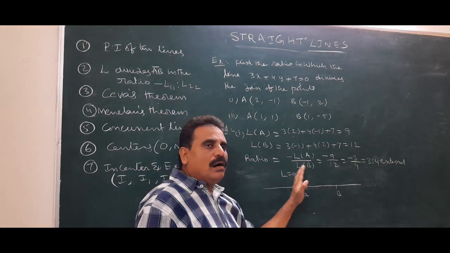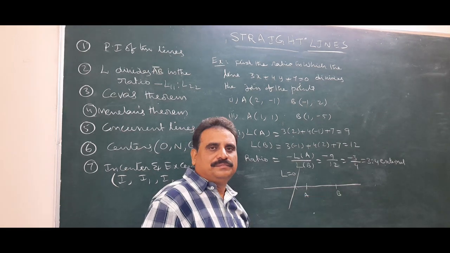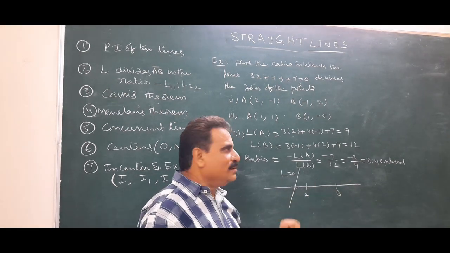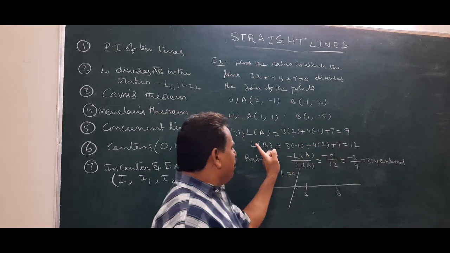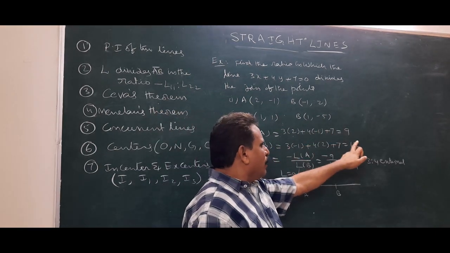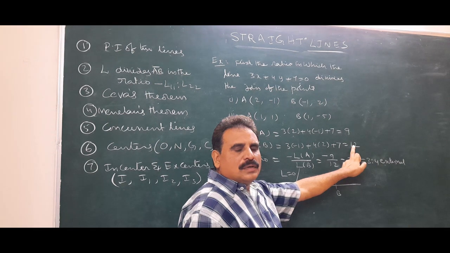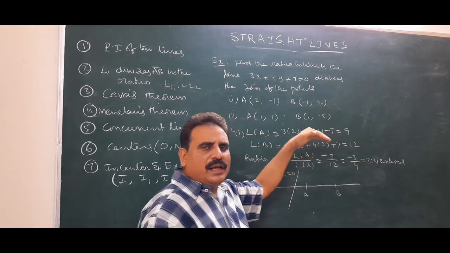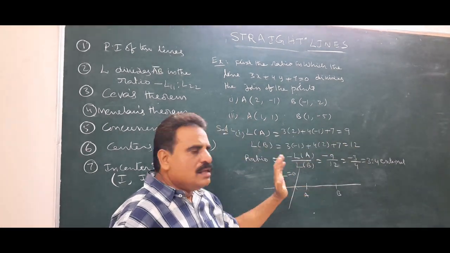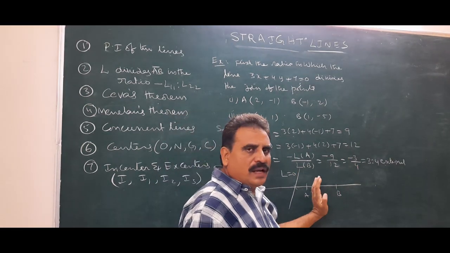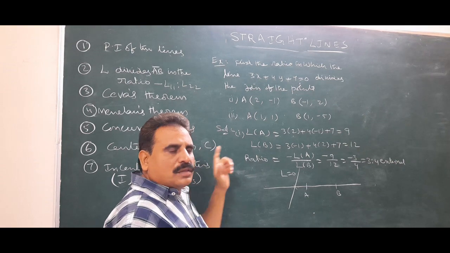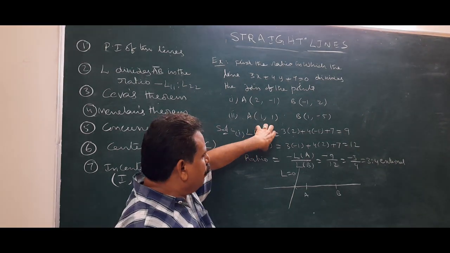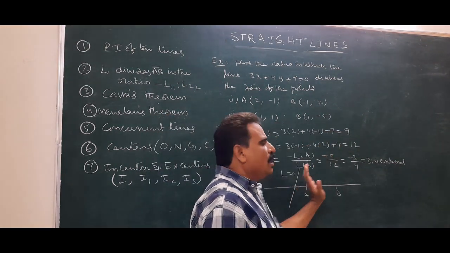Now we have to observe one important point. A and B are on the same side of the line. L of A is 9, L of B is 12. Both are positive. So if L of A and L of B are both positive, or both negative, they are on the same side of the line.